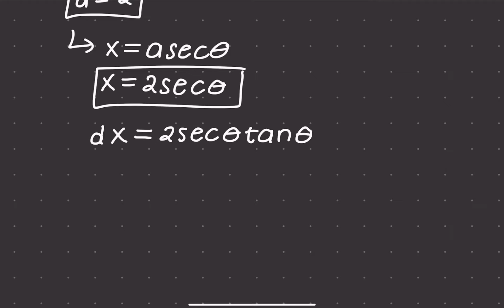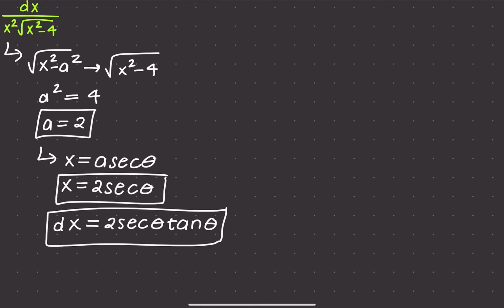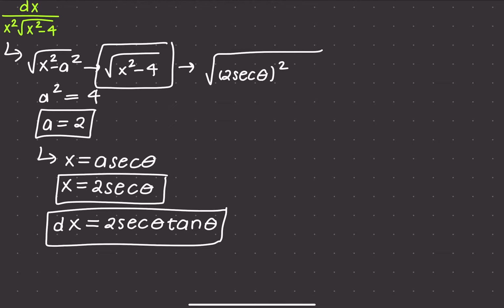The next thing we want to do is simplify this using what we know. We can write this expression as the square root of 2 secant theta squared minus 4, which can be rewritten as 4 secant squared theta minus 4.